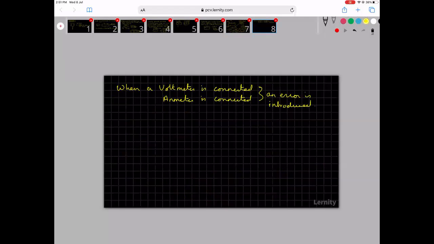So if I give you two specimens, two different types of voltmeters, and ask you which one should be connected, you should be able to find out which one. So you have to calculate what is the error in this, what is the error in this, and the one which shows lesser error has to be connected.